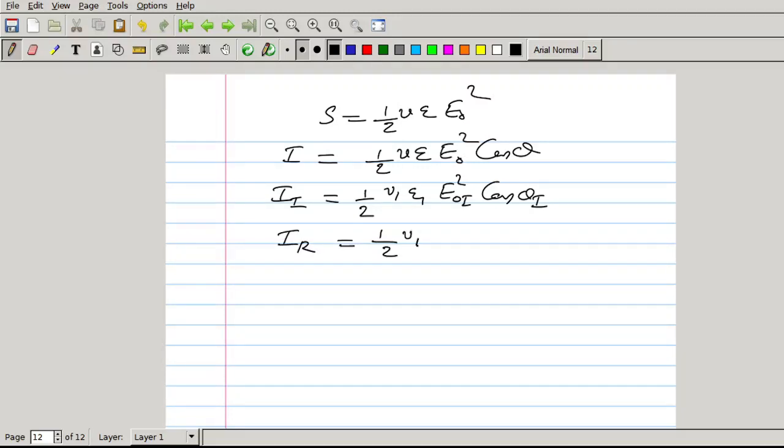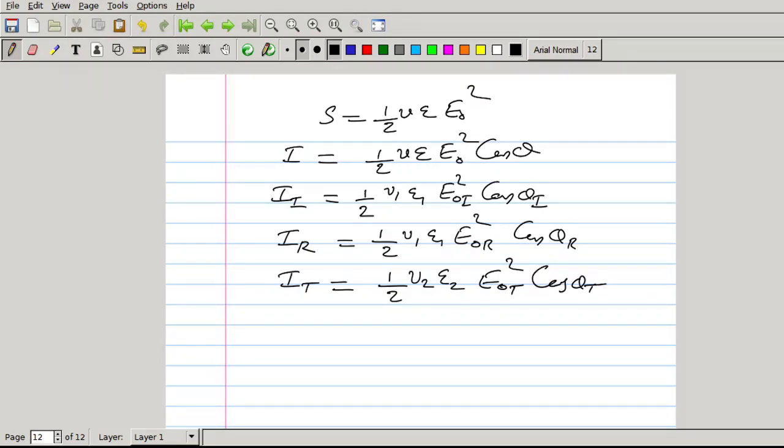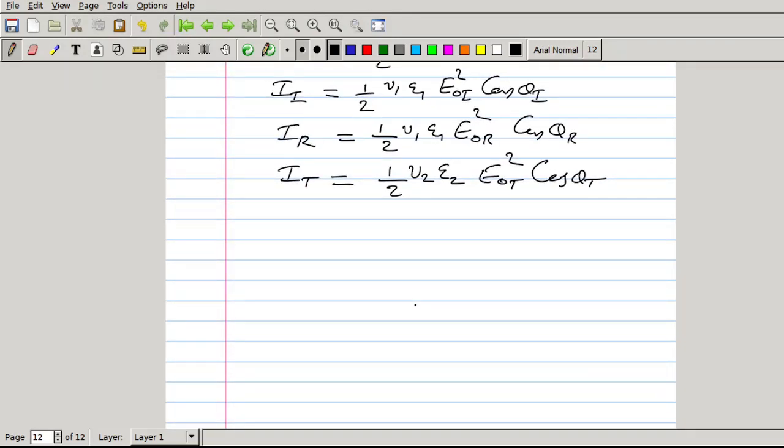Half V1, first medium, epsilon E0 R square cos theta R, but theta R is the same as theta I. Now the intensity of the transmitted wave, half V2, second medium, epsilon E0 T square cos theta T. Now you calculate the reflection coefficient and transmission coefficient.